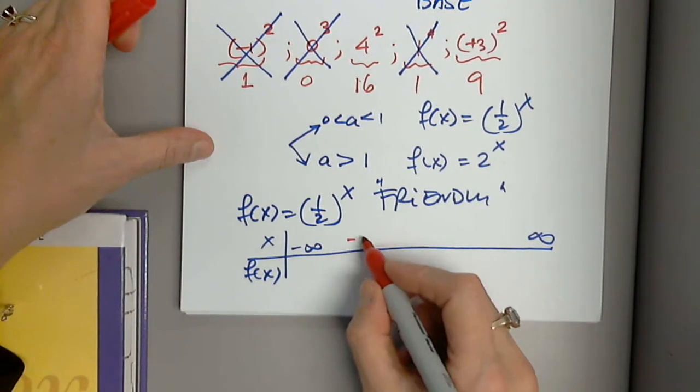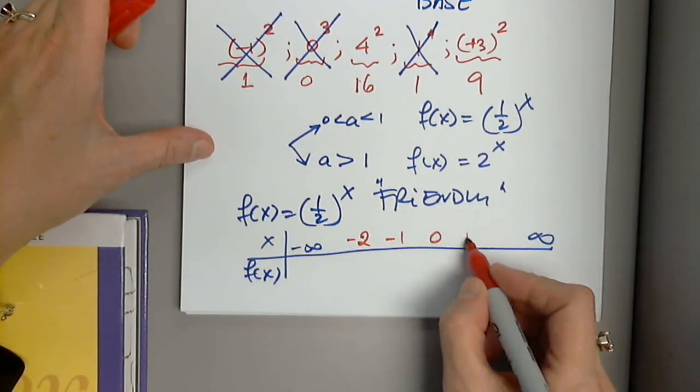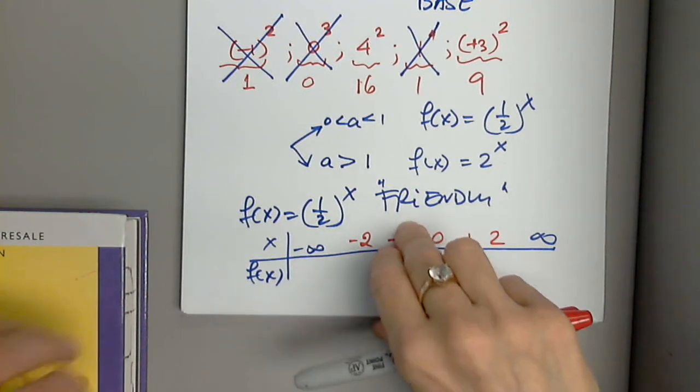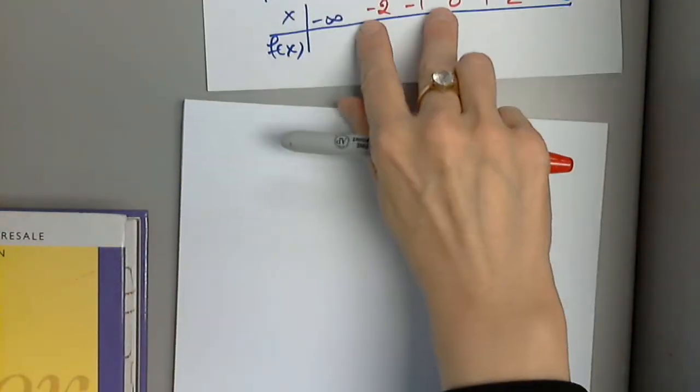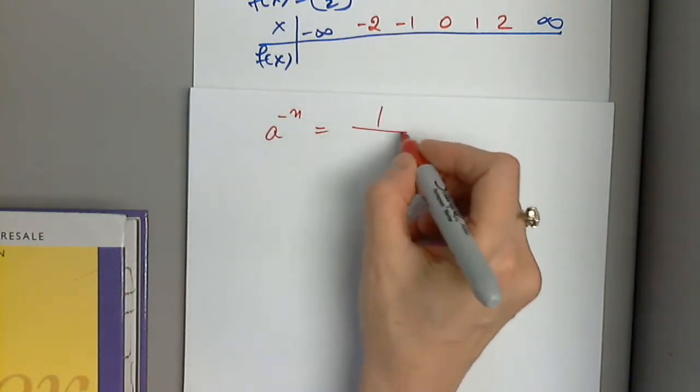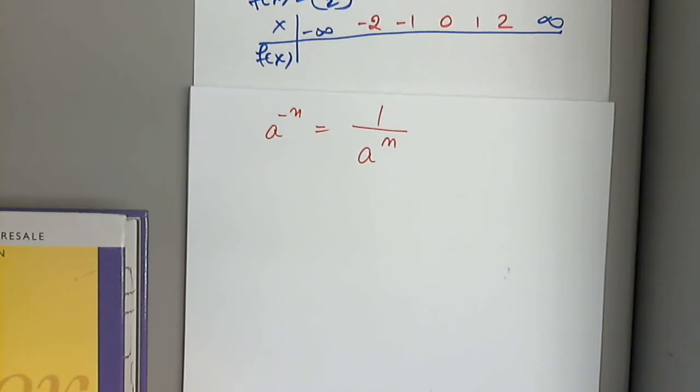Just a few. -2, -1, 0, 1, and 2. And let's see what we get. So let's replace x by -2. F of -2. Let's replace x by -2 here. Let me refresh your memory on negative powers, in case you forgot. So a to -n is 1 over a to the nth power.